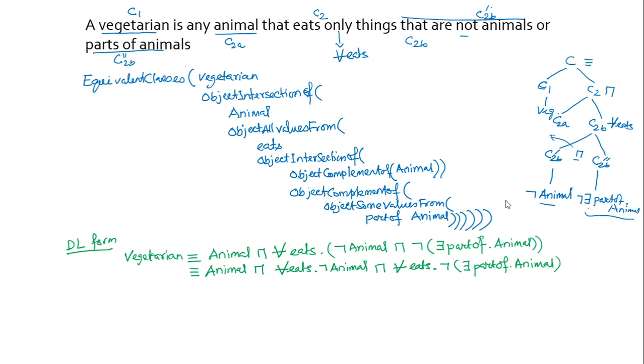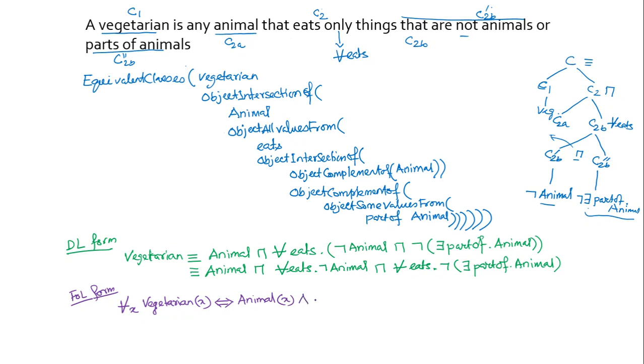Now let us try to remodel this in first order logic language. So we are trying to define the FOL form for this, and this is how we'll go about it. For all x, vegetarian x will both-way imply animal x. And now let us convert this part.